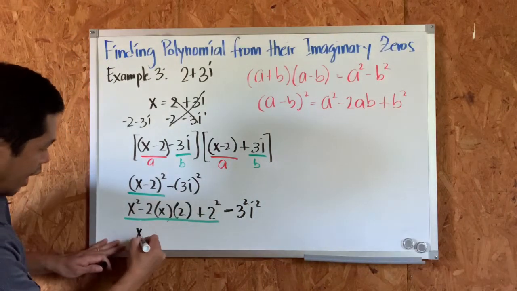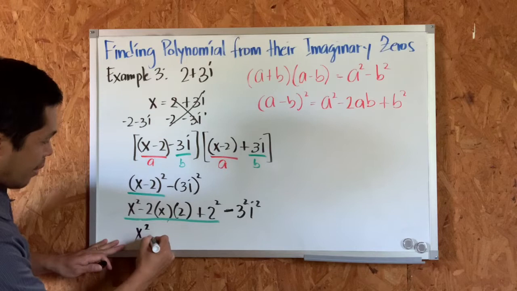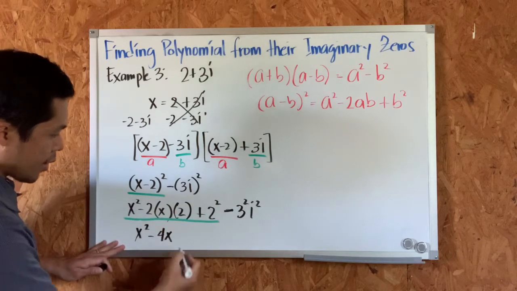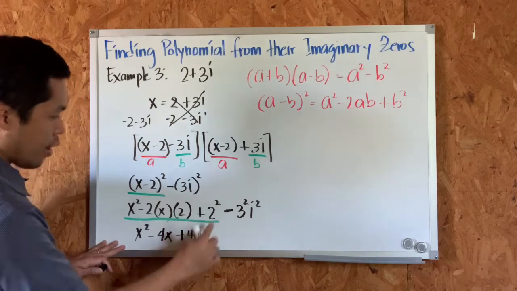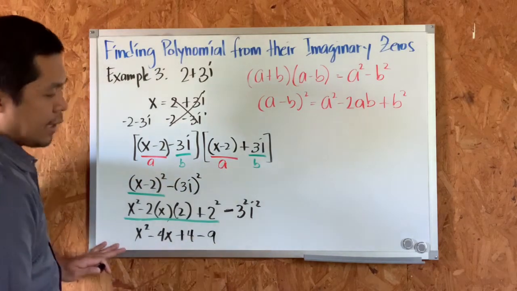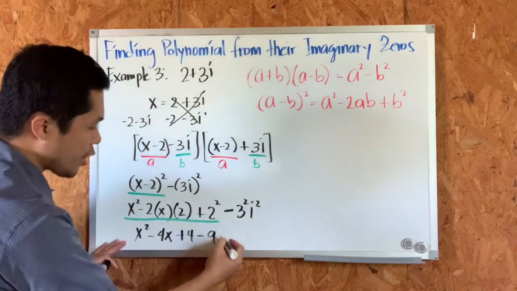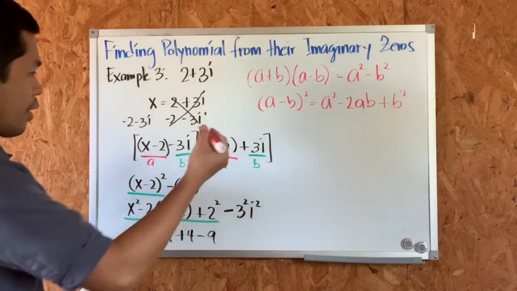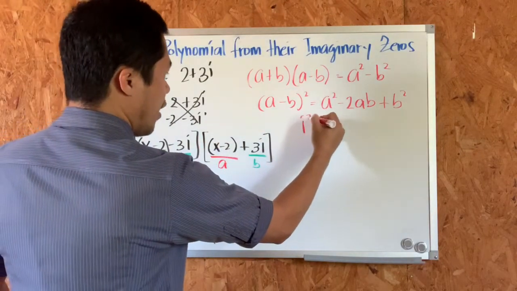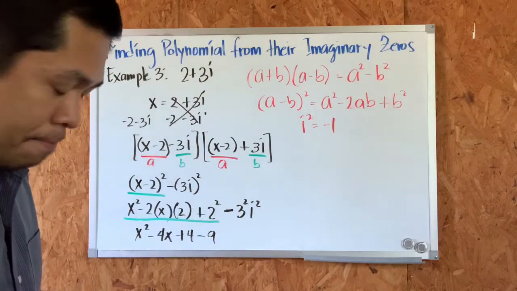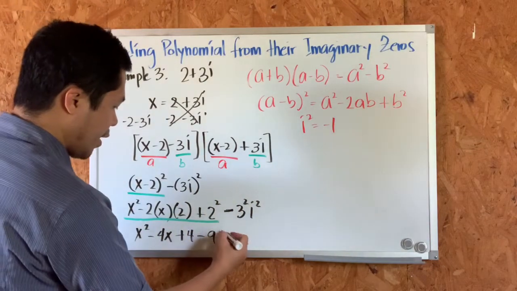This is equal to x squared minus 4x. So 2 times x times 2 is 4x, plus 4. 2 squared is 4, minus 9. 3 squared is 9. And i squared, again, I will write here, the value of i squared is equal to negative 1. So times negative 1.